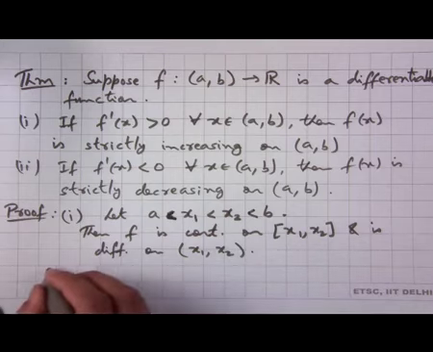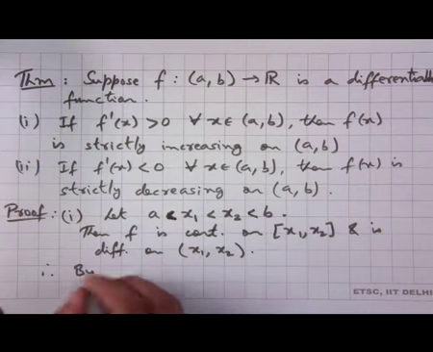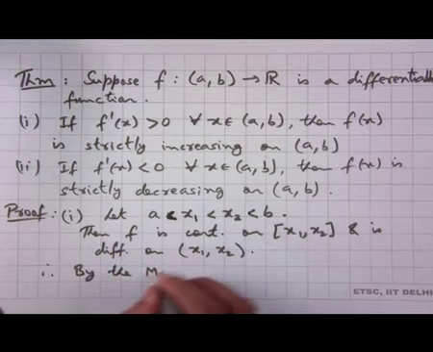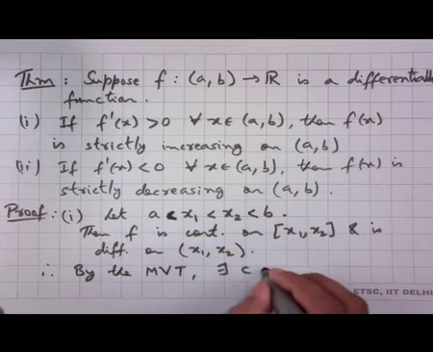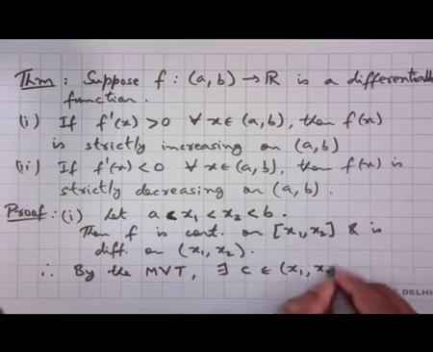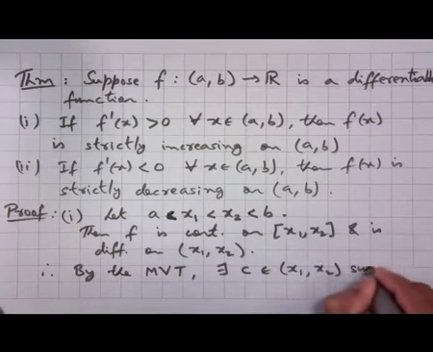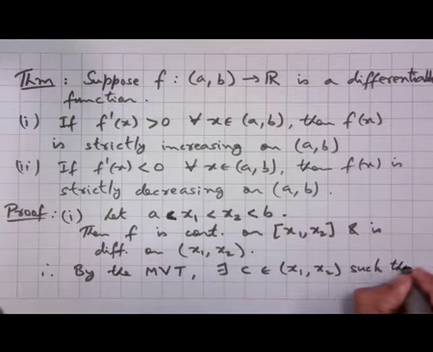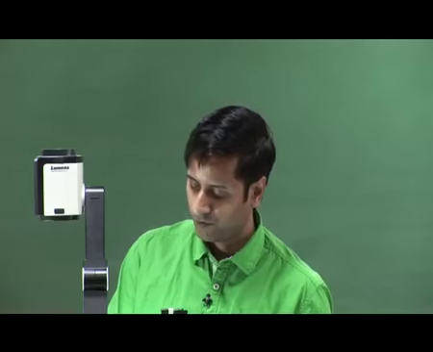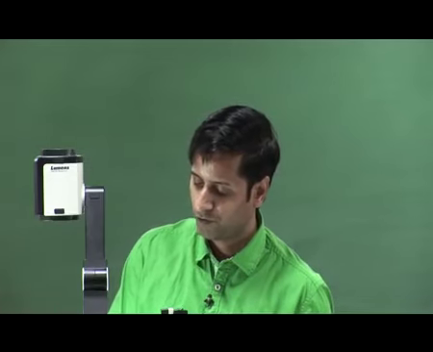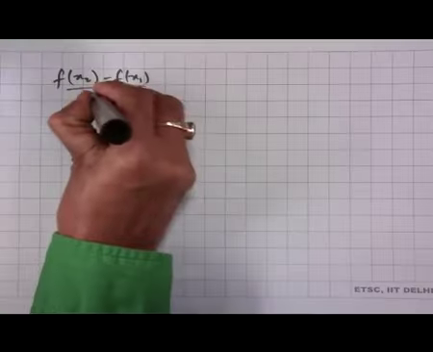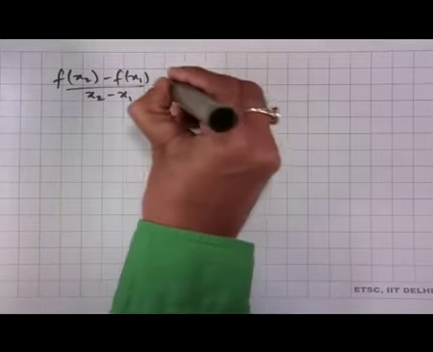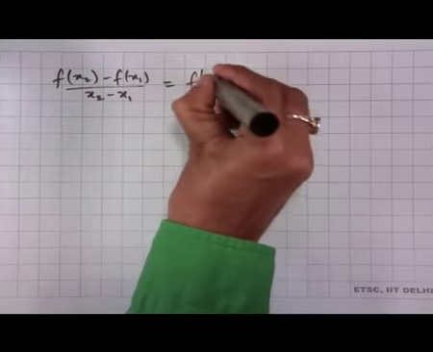So, therefore, by the mean value theorem, there exists some c in the open interval (x1, x2) such that f of x2 minus f of x1 divided by x2 minus x1 is equal to f prime at c.